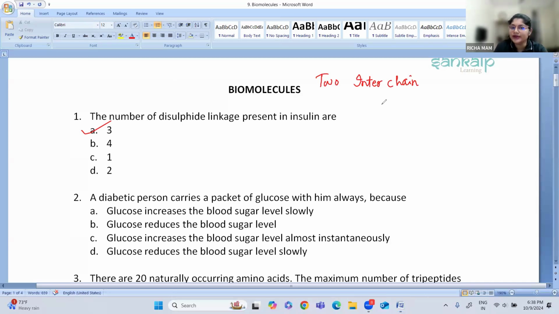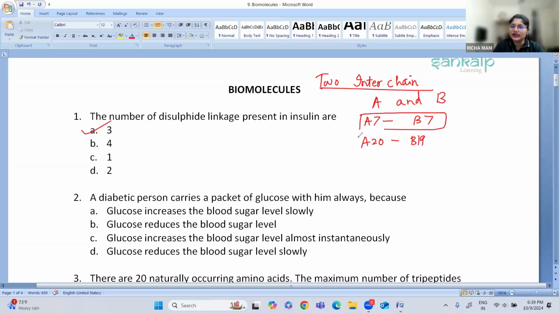There are 2 interchain disulfide bonds present between the A and B chains, that is from A7 to B7 and A20 to B19. So these are the 2 interchain disulfide linkages present in insulin.